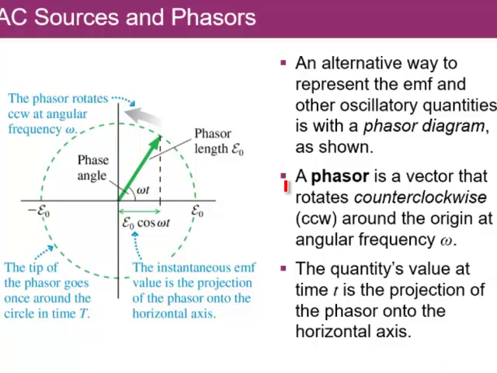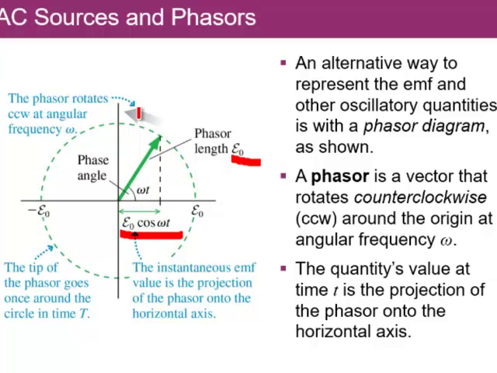Going back to the example from before, when we see the EMF at any given time as E naught cosine omega t, you can think of it as the projection on the horizontal axis of a vector of magnitude or length E naught, making an angle omega t with respect to the horizontal axis. When you project this at a given time, you take the projection on the horizontal axis, which is the length of the vector, E naught, multiplied by the cosine of the angle, which happens to be omega t at this point.